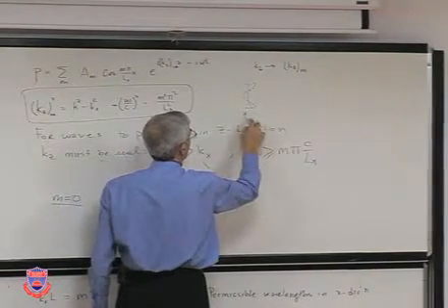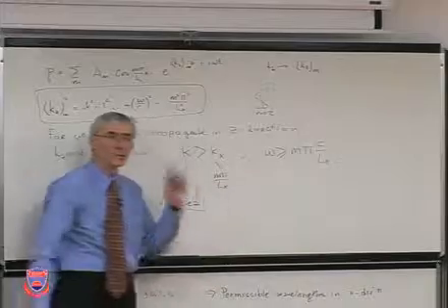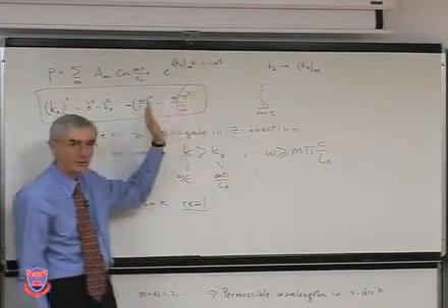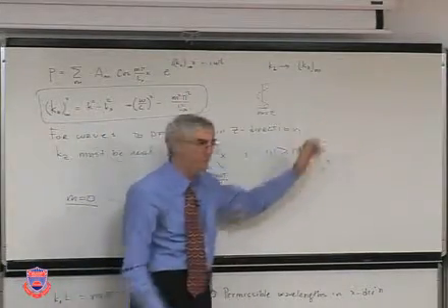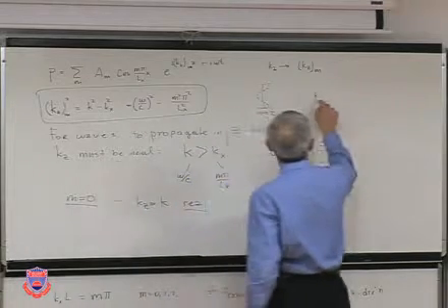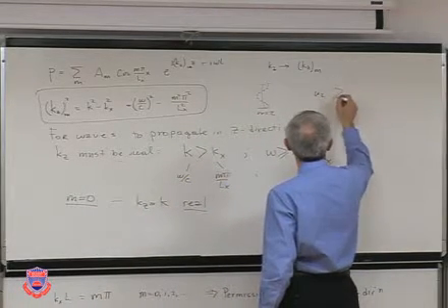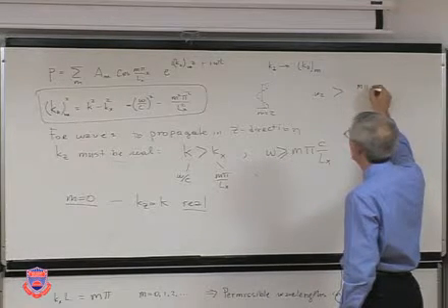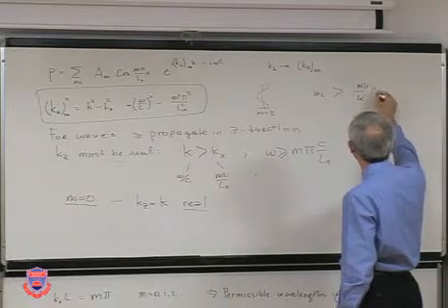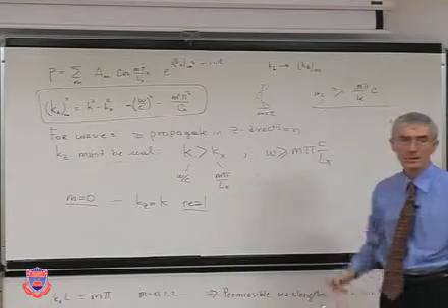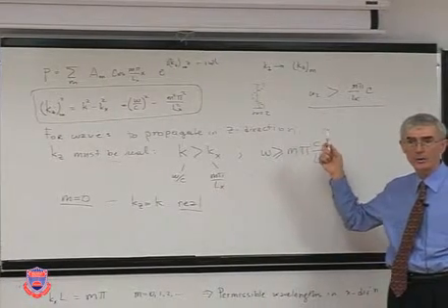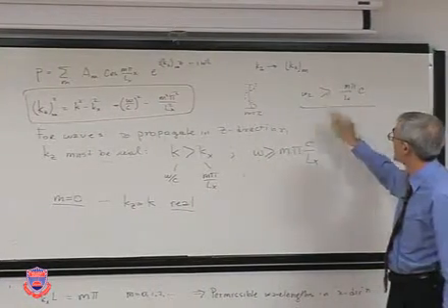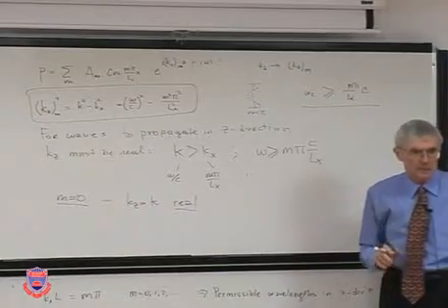This is m equals 2. For a sound wave in the X direction to have this shape to travel, omega 2 must be larger than m pi c over Lx, because that would be the cutoff frequency for that mode. Does that make sense?